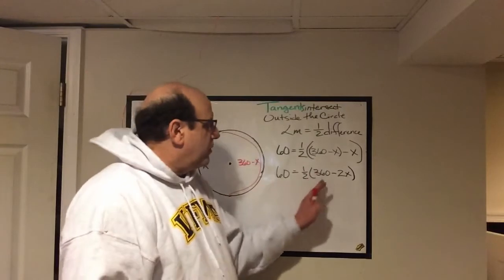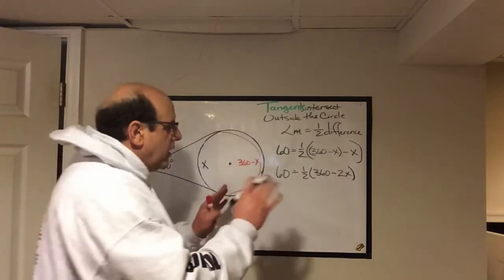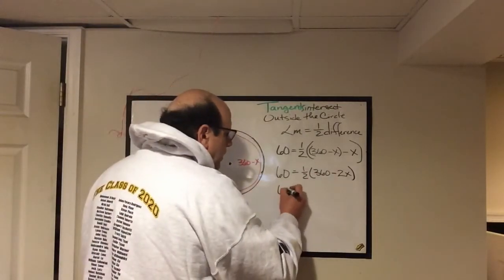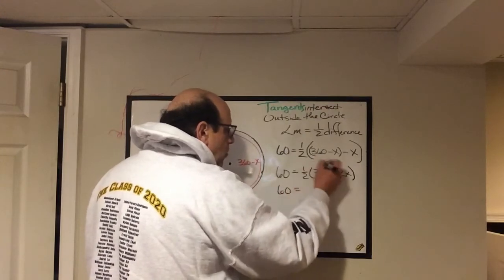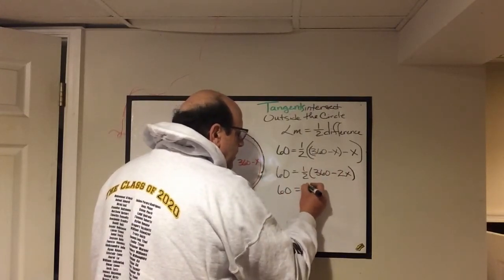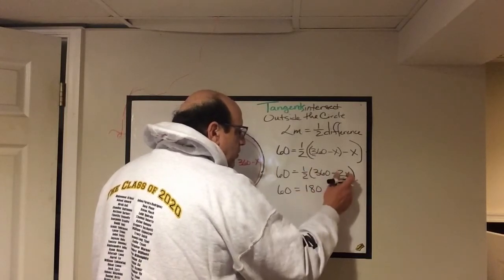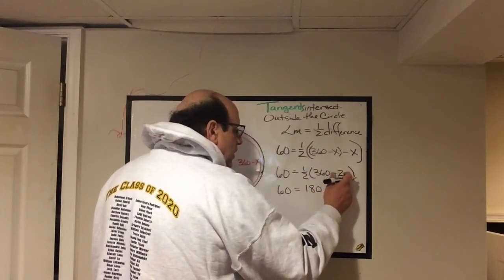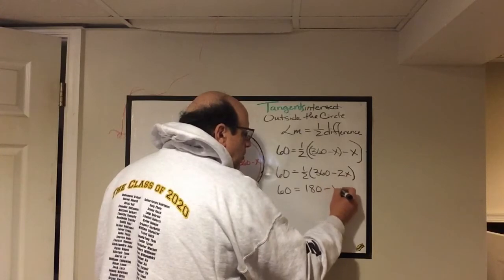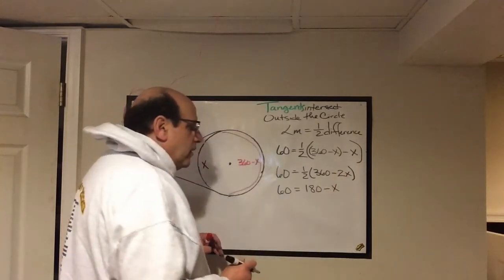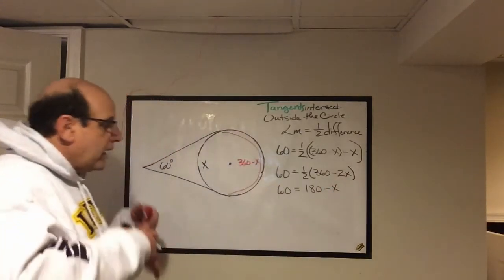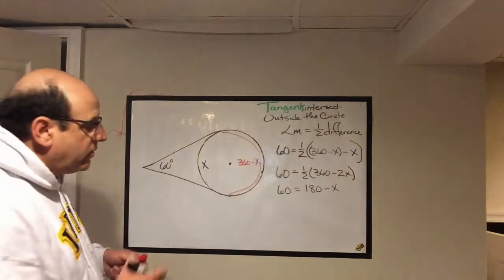Now I can cut 360 and 2x in half, and I can rewrite like this. 1/2 times 360 is 180, and 2x's, cut them in half, you only have 1x left. So now I can actually do the rest of this pretty simply.